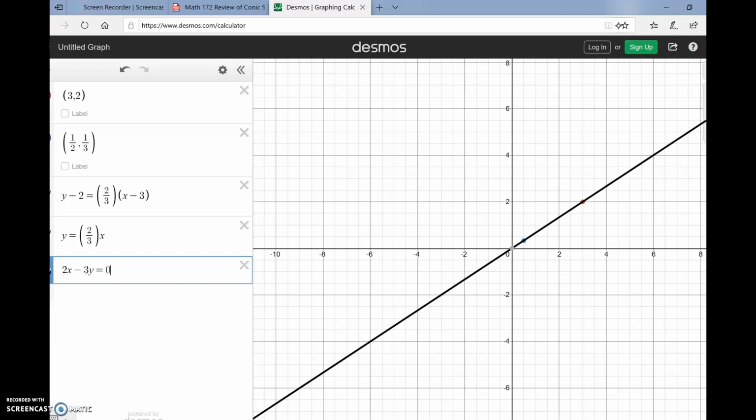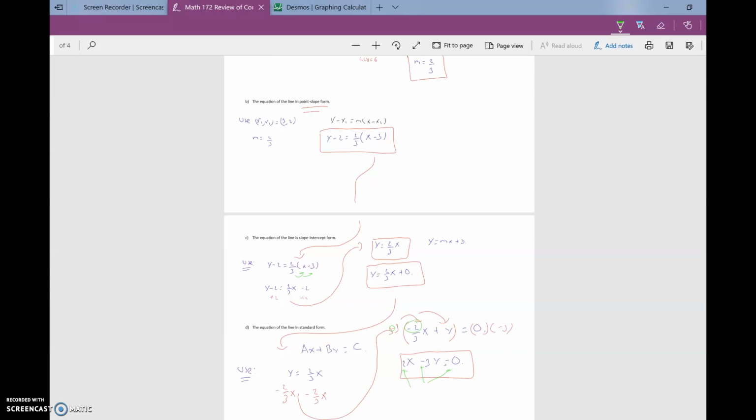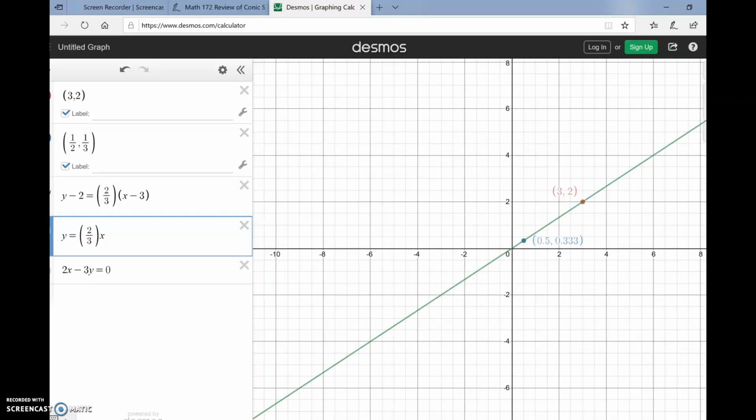The coordinate points that were actually given are 3, 2, and 1/2 and 1/3, which you can see here. And our first solution was the point slope form, so that's what we obtained here, with y minus 2 is equal to 2/3 times x minus 3. That's the actual line that contains those 2 coordinate points.